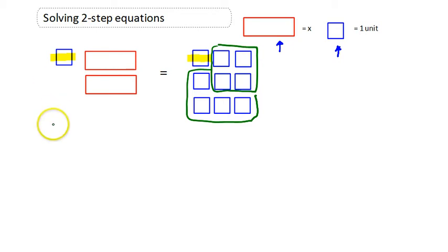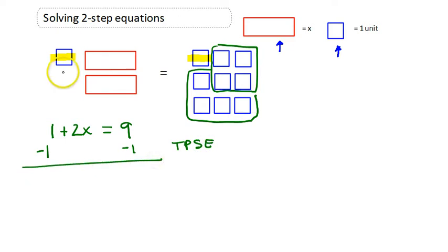Let's write this out as an equation. I have 1 unit square plus 2 x's equals 9. To start, I used the transformation principle of subtraction for equality, and I took away 1 unit square from each side. That left me with my 2 x rectangles and 8 unit squares.